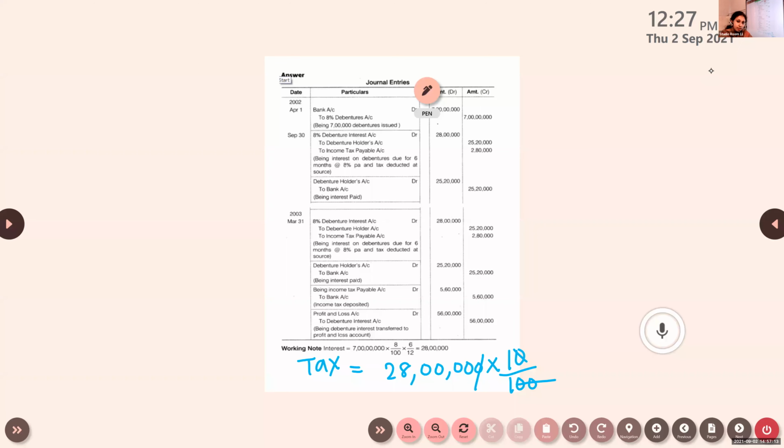If there is a fund in the securities premium reserve account, the company will make use of it to write off the discount or loss on issue of debentures. There are two ways: either using the securities premium reserve account or debiting it to the profit and loss account. Is it clear?